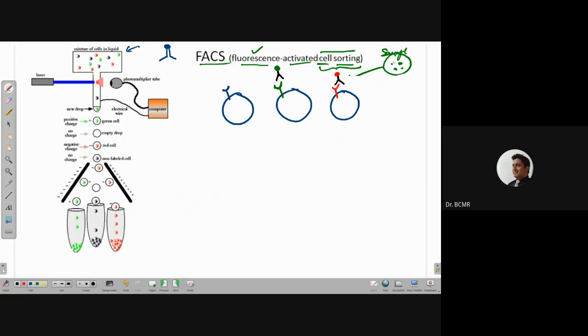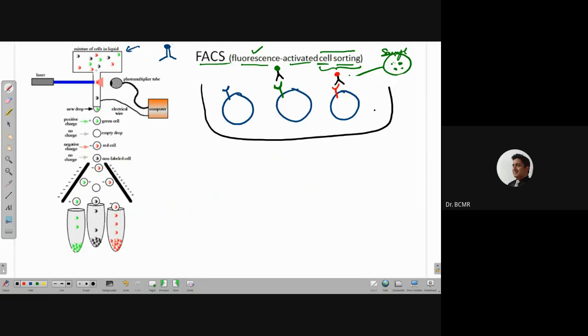Now, if I have this mixture of cells, I should make a single cell suspension. That means no 2 cells are aggregating. All of them are independent and buoyant as a suspension within the liquid.